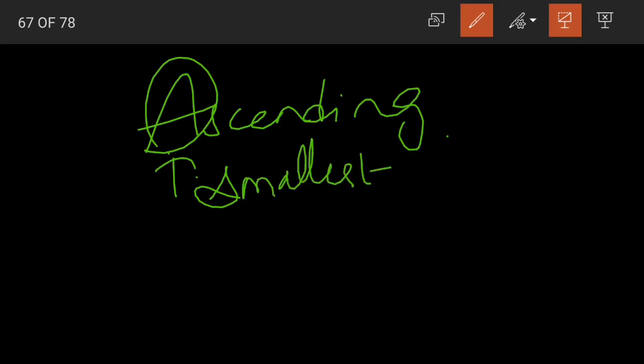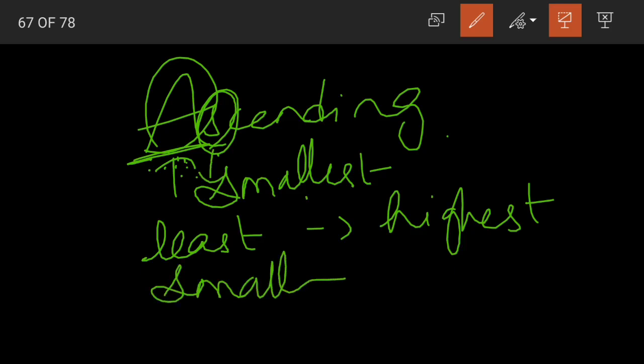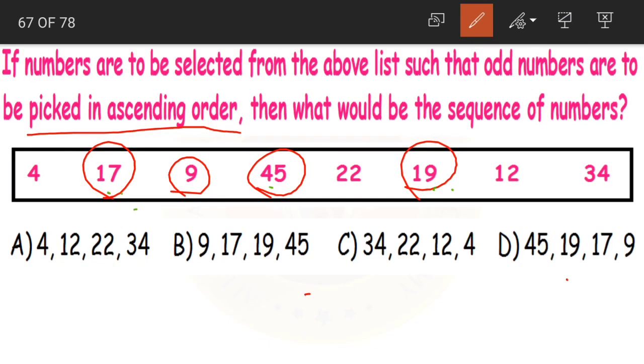That means all the alphabets start from A. Yes, this is the least alphabet. So in ascending order, we arrange the numbers from least to the highest. Or what did I say? Here we are having S. S means small. So in ascending order, we arrange the numbers from small to big. So here also these numbers are to be arranged from least to the highest.